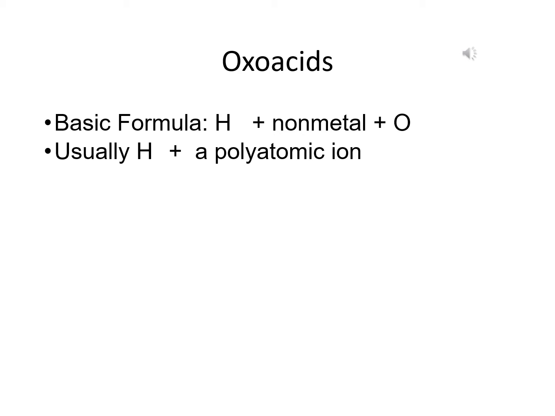So if we had, for instance, our first acid shown here is sulfuric acid. That is from the sulfate ion, which has a charge of -2, and we do see that sulfuric acid has 2 hydrogens. If we look at nitric acid, the next one down, we see the ion that's associated with that is nitrate, which has a charge of -1, and we see that nitric acid does indeed have 1 hydrogen.